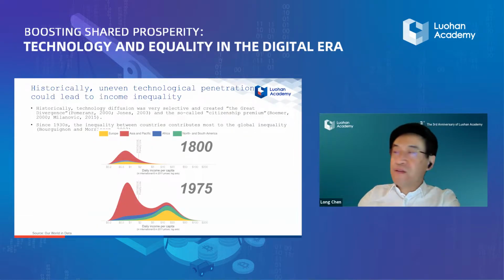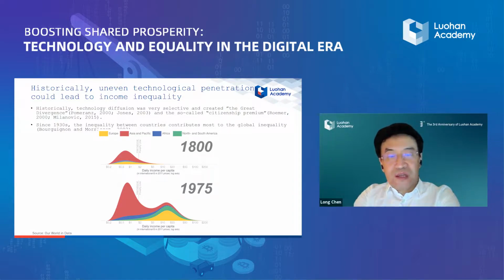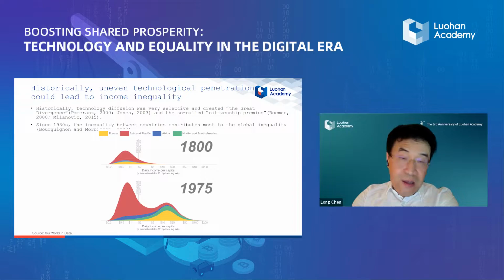Looking at history, uneven technology penetration could lead to income inequality. In this graph, the horizontal axis is the daily income, and the vertical is the population.